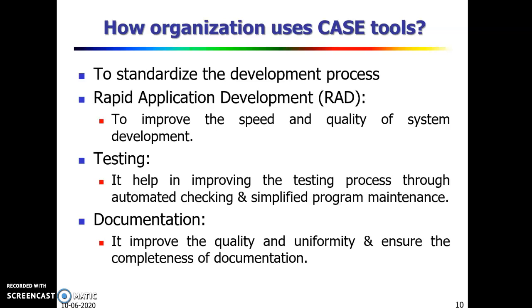How do organizations use CASE tools? To standardize the development process, that is the rapid application development RAD model, to improve the speed and quality of system development. Next is testing. It helps in improving the testing process through automated checking and simplified program maintenance. Documentation: it improves the quality and uniformity and ensures the completeness of documentation.